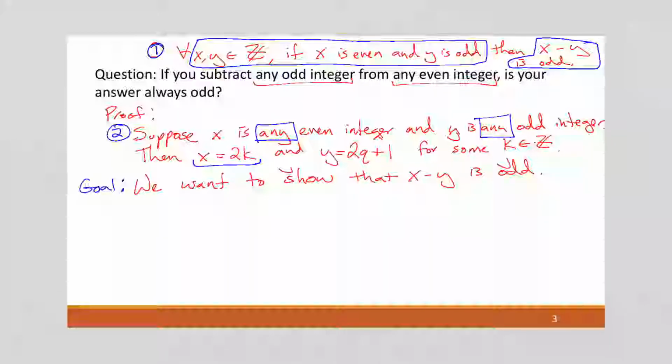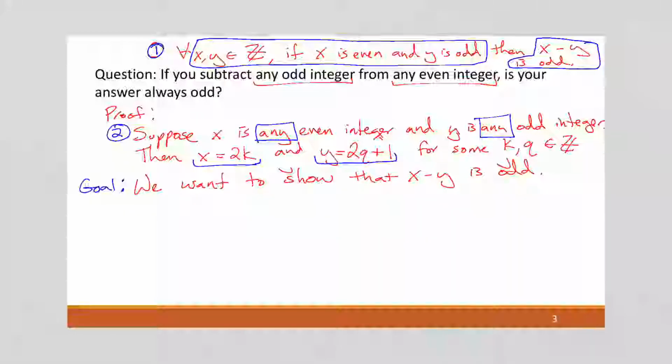And this becomes, instead of just k as an integer, q is also an integer. Right? We need two separate variables because x and y are not connected in this problem. They are allowed to be completely different from one another and do not have to be only one apart.